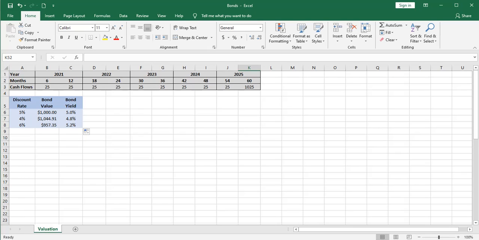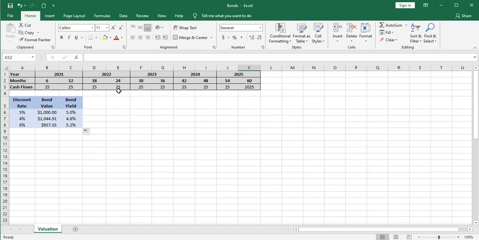Don't confuse this simple yield with another term called yield to maturity. I'm not going to cover yield to maturity in this video because it's a fairly complex calculation. Yield to maturity is the yield a bond investor would receive if he holds the bond all the way to maturity and he reinvests each of these cash flows at the bond's current yield.